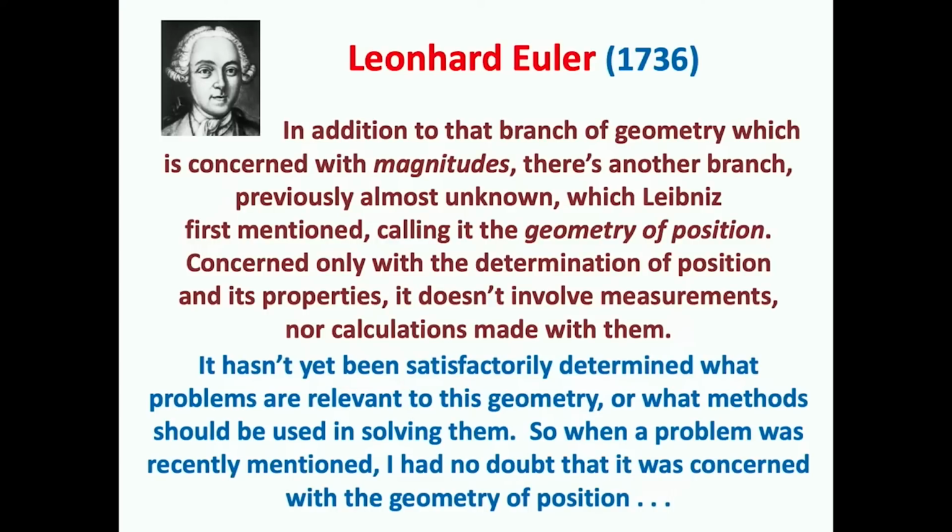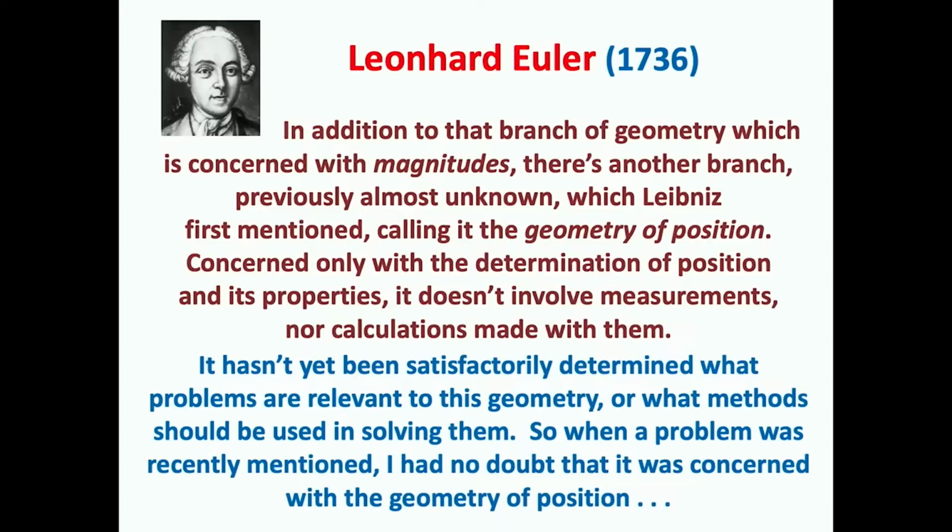In addition to that branch of geometry which is concerned with magnitudes, there's another branch, previously almost unknown, which Leibniz first mentioned, calling it the geometry of position. This is concerned only with the determination of position and its properties. It does not involve measurements, nor calculations made with them.